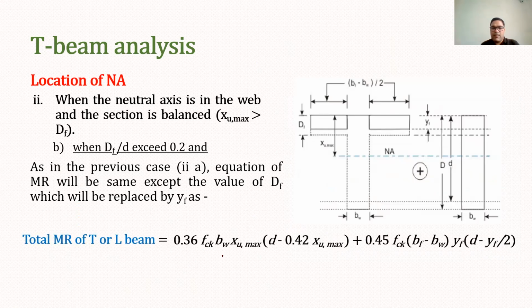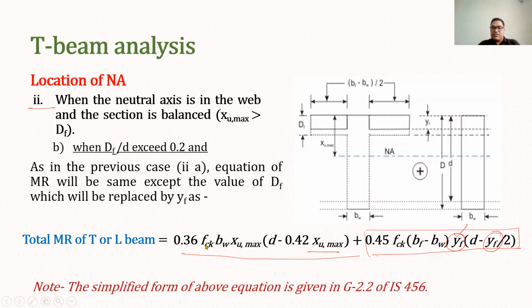So here you can see this formula is the same. The only term which will be changing is this one. In the previous formula, we were using DF. So this time we will be using YF in place of DF. So YF times D minus YF by 2. Okay, so that is the only change that we will see in case 2B.